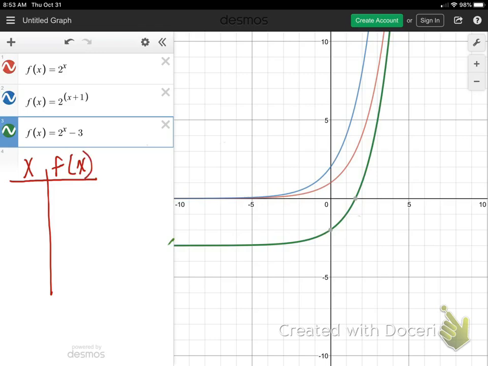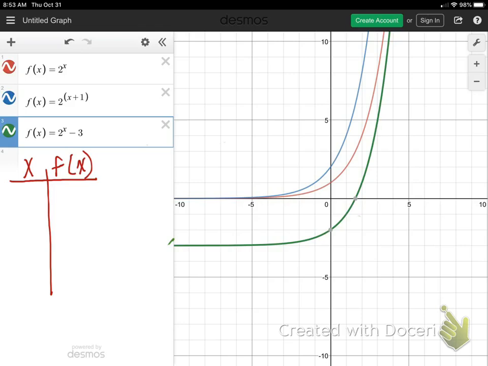Okay. We're going to look at this red graph first. My red graph is f of x equals 2 to the x power. That's my parent function. Remember we talked about parent functions way at the beginning of the semester? 2 to the x is my parent function here.